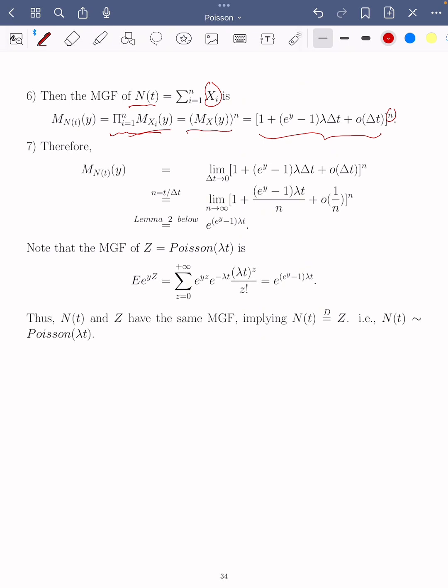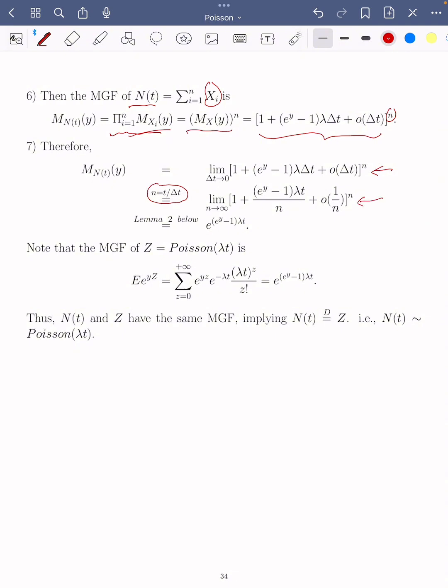So now we take the limit of delta t equal to 0. So we have this result. And also we make the transformation that n equals t divided by delta t. So we have this form.